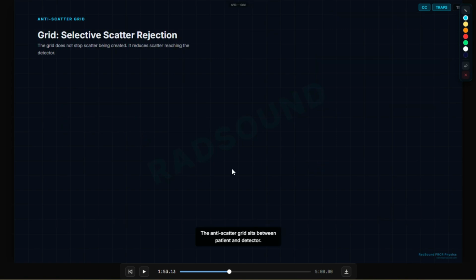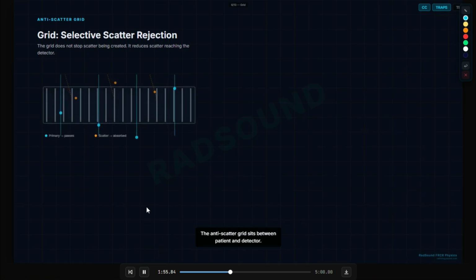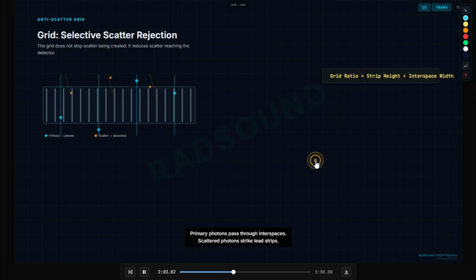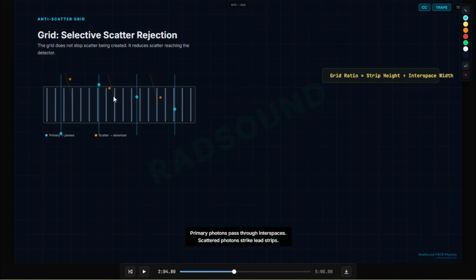So let's say we can use a selective method of scatter rejection, which is the grid. We can apply a grid to select the primary beam and absorb scatter. So what's a grid? Mostly the grid sits between the patient and the detector. It contains lead strips separated by radiolucent interspaces, mostly made of aluminium, sometimes plastic and others.